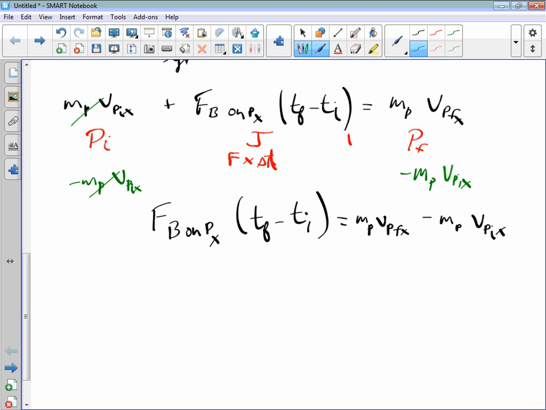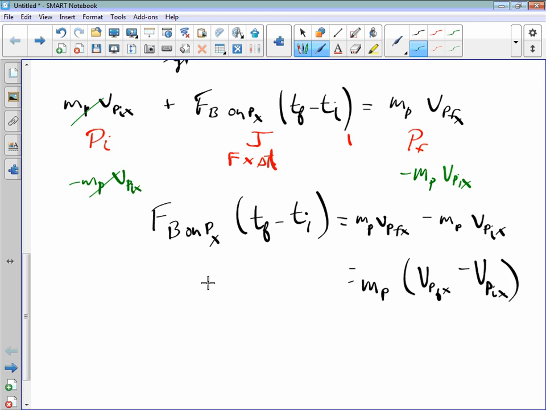What you may notice now is we could factor out m_p from the two terms on the right. So I'm going to do that: m_p times velocity of person final in the x direction, minus velocity of the person initially in the x direction.